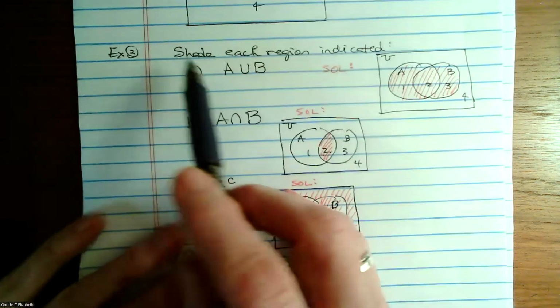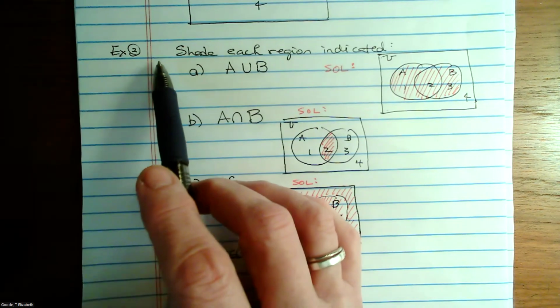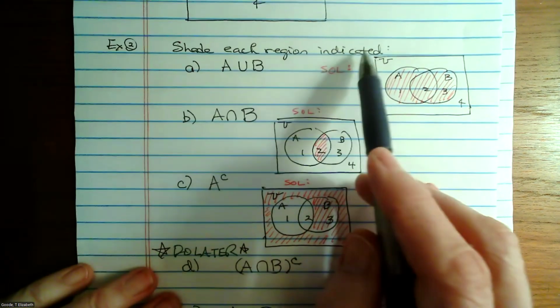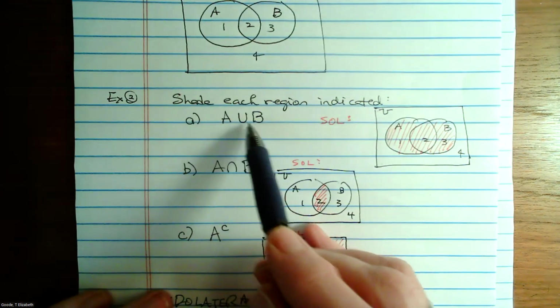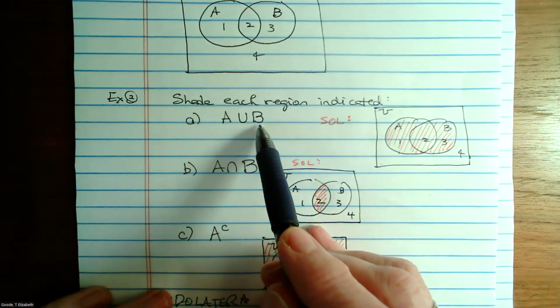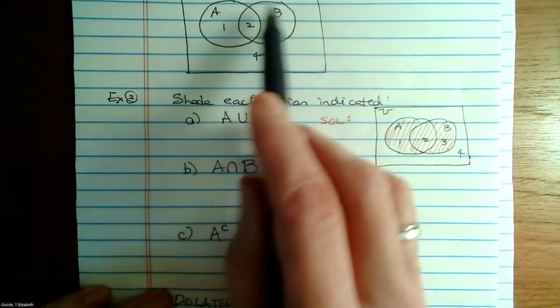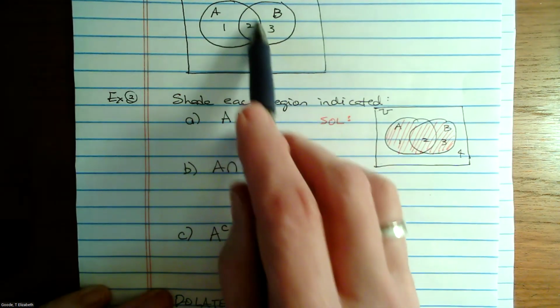So one of the Venn diagram games is to shade each region indicated, and I just want to show you what it looks like. So A union B, by definition, is anything that's in A or in B or in both.